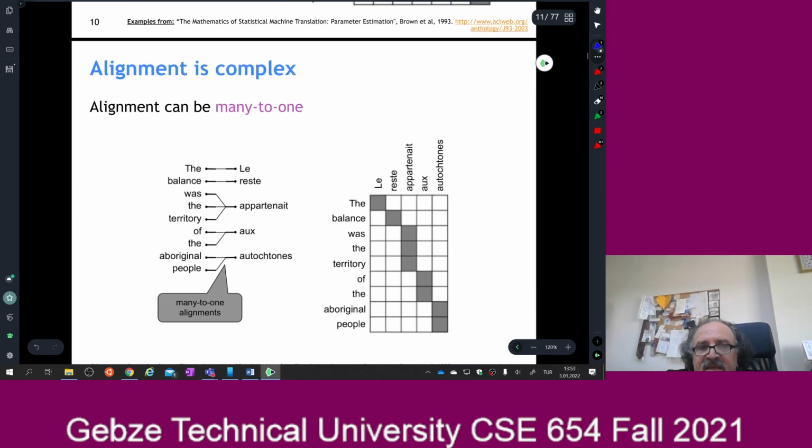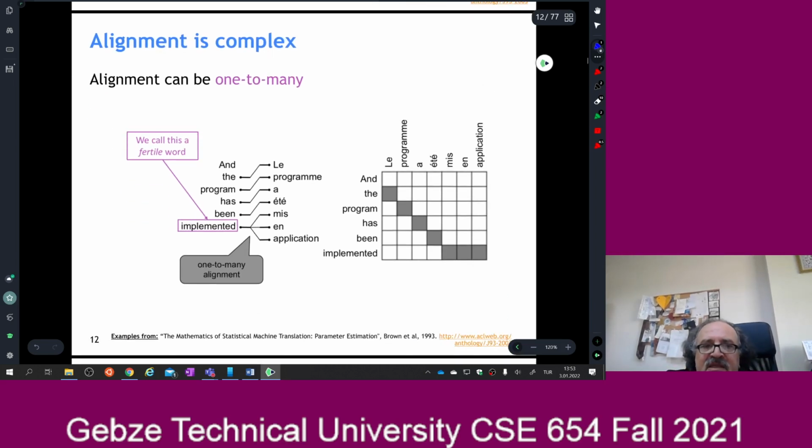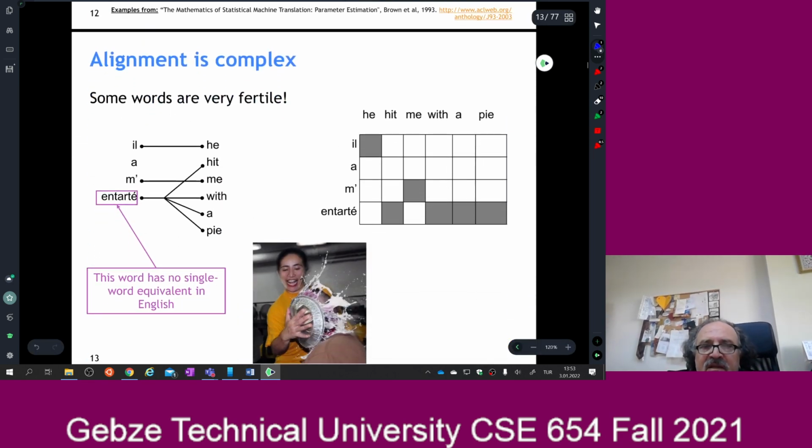Sometimes it is many to one, like this one. These three will correspond to this word only. Sometimes it is one to many, right? So this implemented will correspond to these three words. Some languages have very specialized words for some specialized cases.